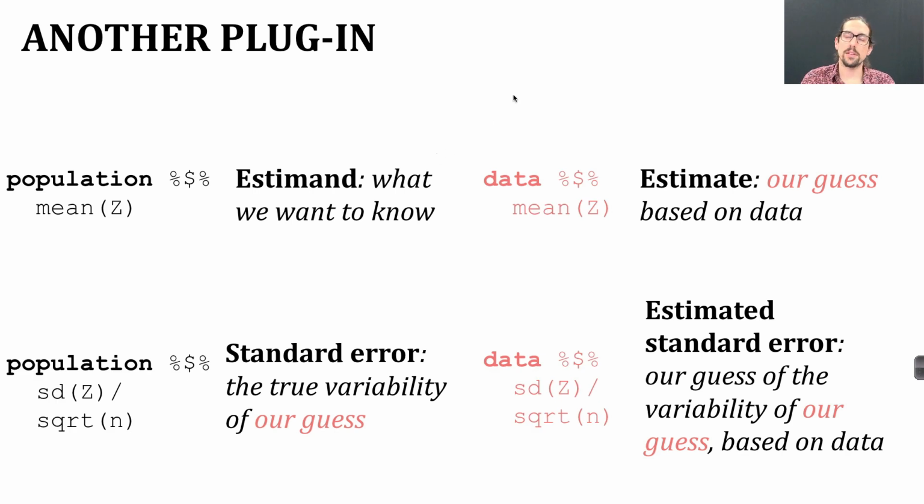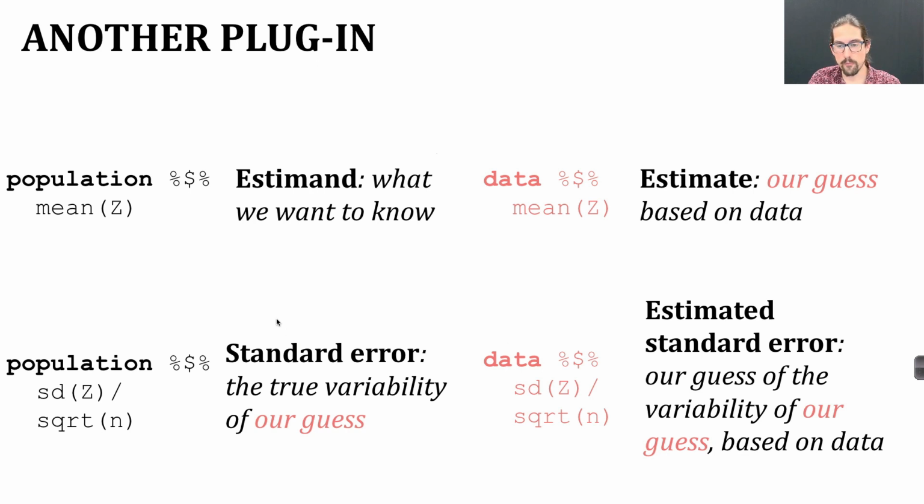So that's more conceptually or mathematically. In terms of code, this is what it would look like. If you had the population data, which we never do, but if you had it, to calculate the estimand, what you would do is just take the mean of z in your population. Now, if we just had some sample of data from this population, our guess for this sample mean would just be the mean of z in this subsample.